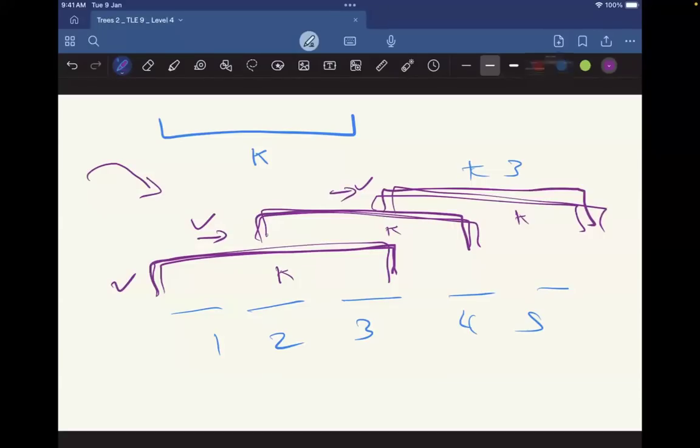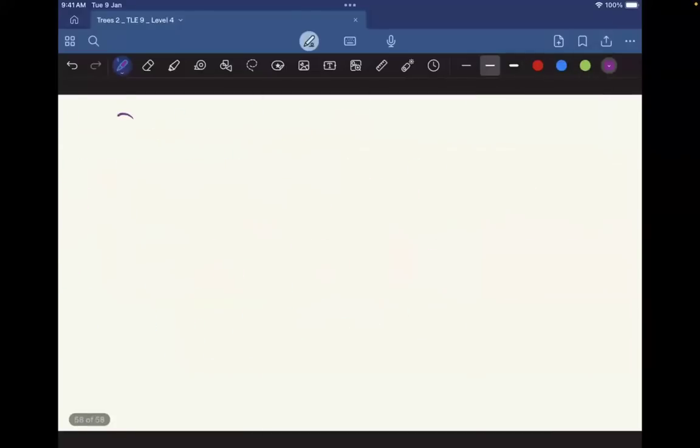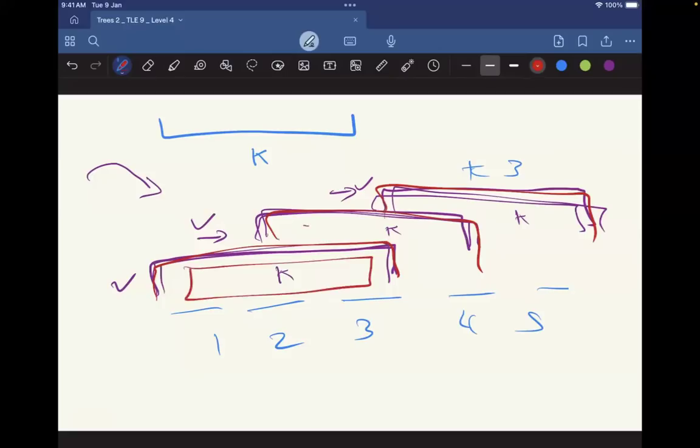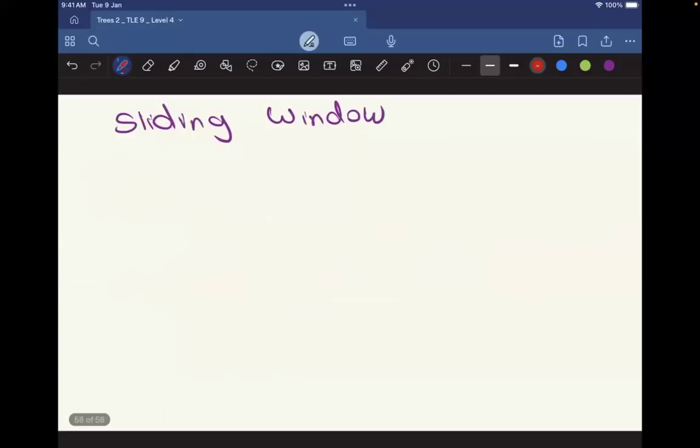So this problem is basically a sliding window problem. All right. Because if I am able to find the answer for these ranges and I keep them pre-computed somewhere, whenever I get a query, I can just answer whatever the answer was in that range. Okay. So this is a sliding window problem.